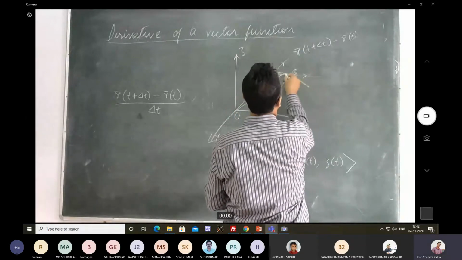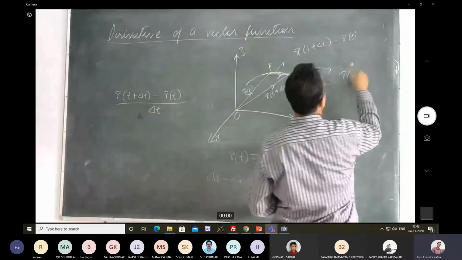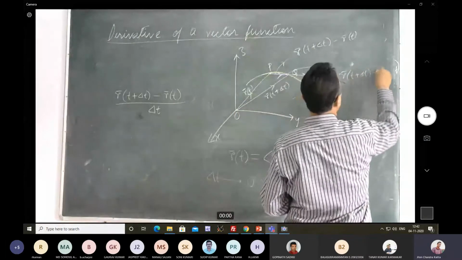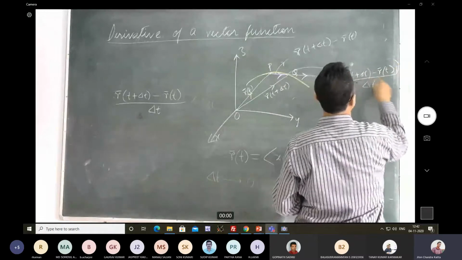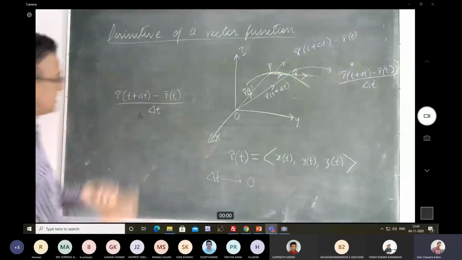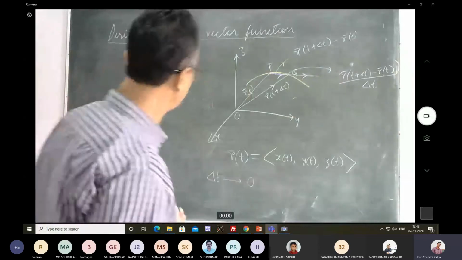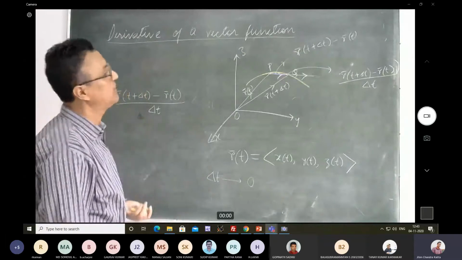You should get this whole vector as r. I am doing all this stuff, although it is kind of repetition, but you are going to act as tutors later on, and most of you are going to take teaching as your profession later on.